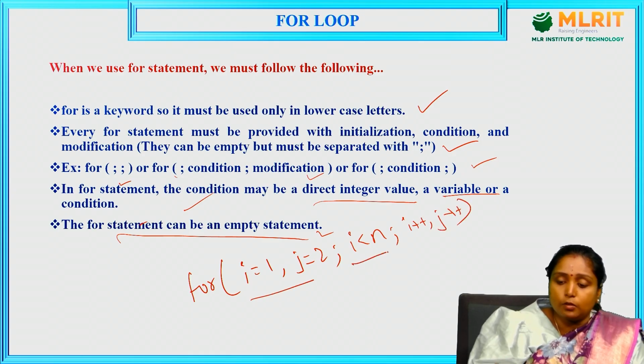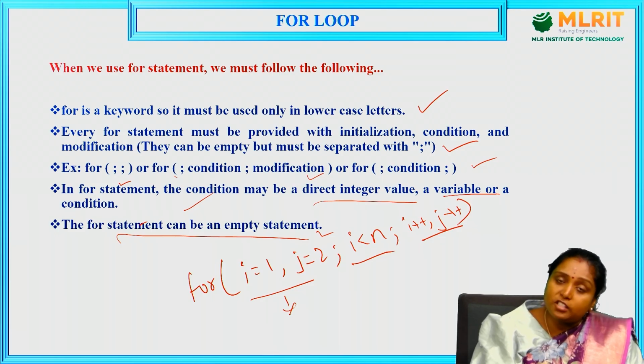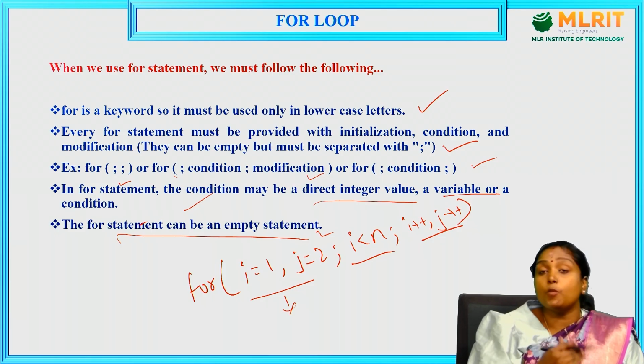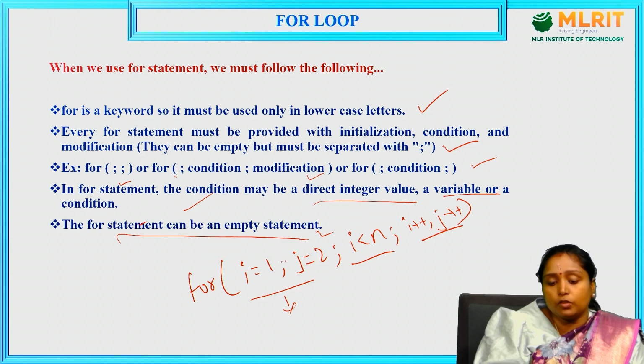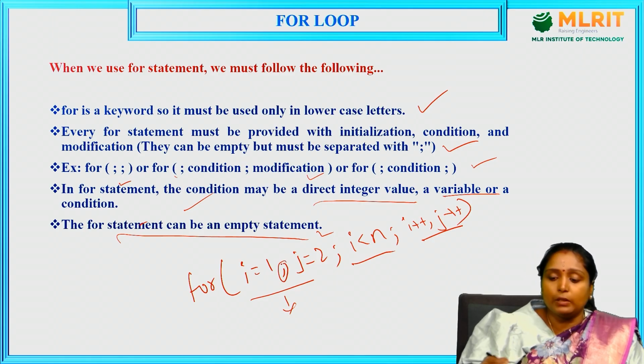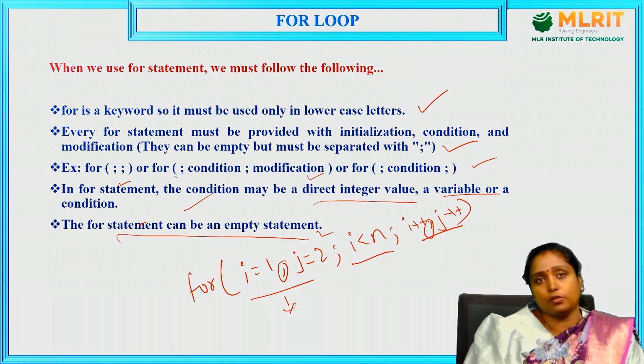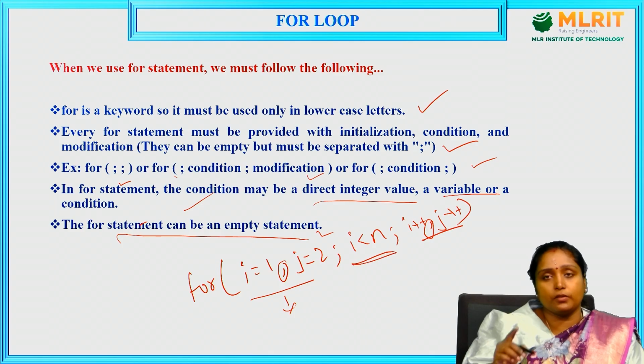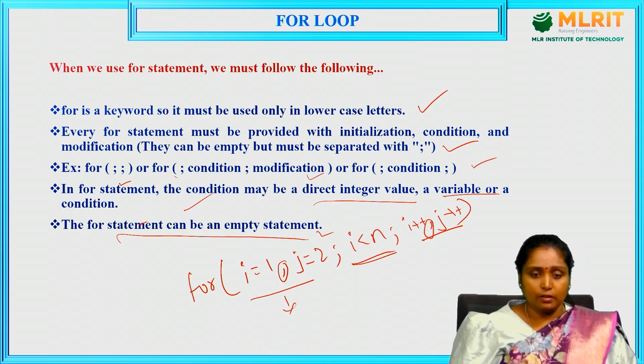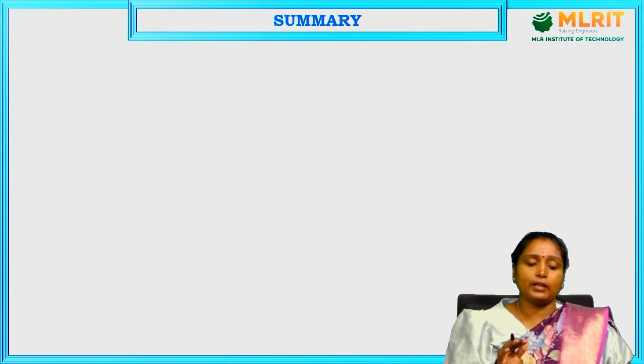It has three parts. First one is the initialization part. In the initialization part, if I want to initialize more than one variable, then I can use the comma operator. Similarly for the updation also, there is no option for condition. Remember it. So these are the things we have learned in C.